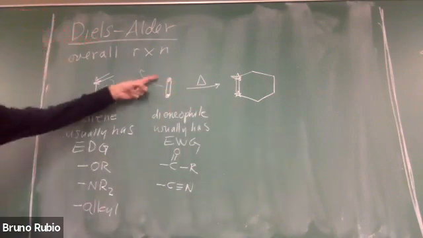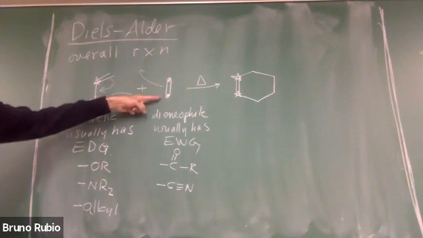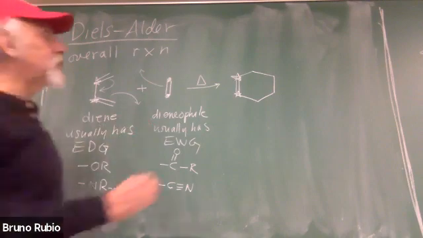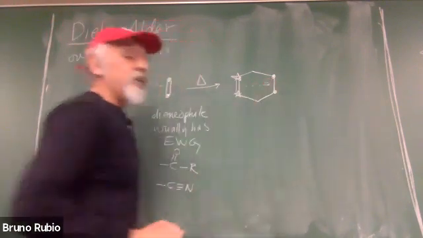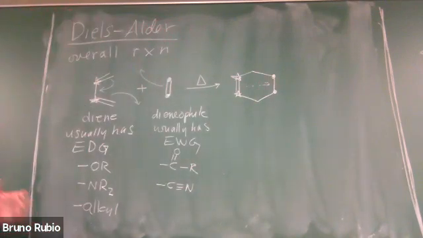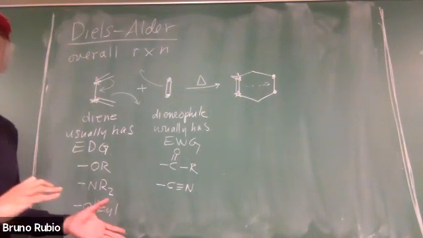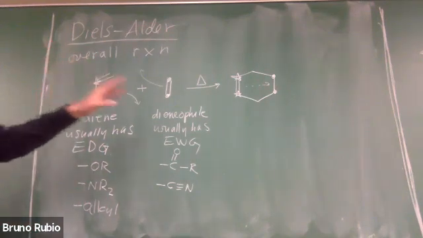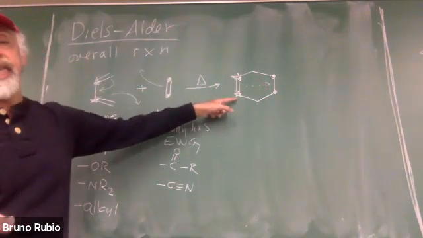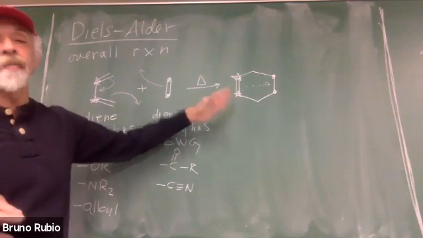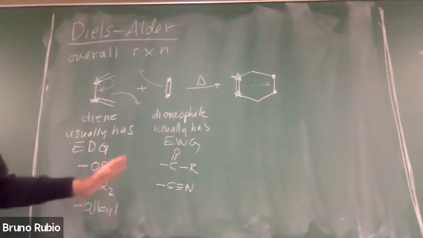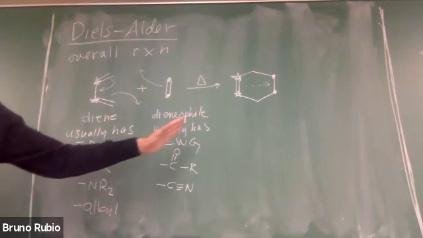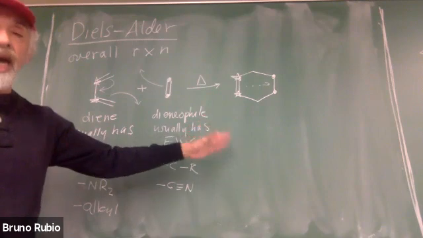And notice that the two carbons that used to be bonded together by a double bond in the dienophile end up bonded by a single bond. And that new single bond is diametrically opposed to the location of the new double bond in the cyclohexene product. Okay, so that's the overall reaction. Diene plus dienophile, you get a cyclohexene ring.